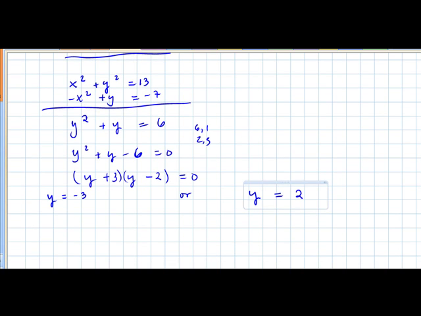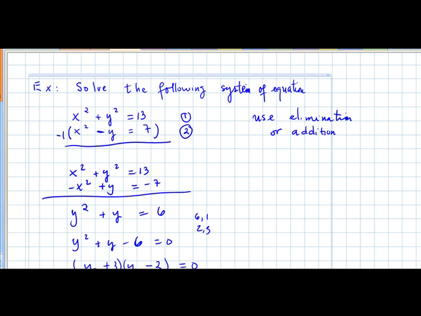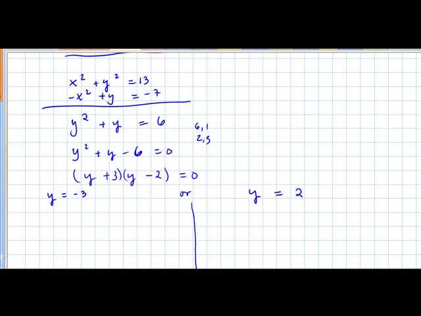So now to solve for x, I'm going to go back to our problem. You can use either the first equation or the second equation. I'm going to use the second equation because it looks nicer.